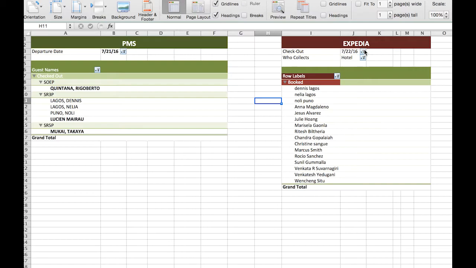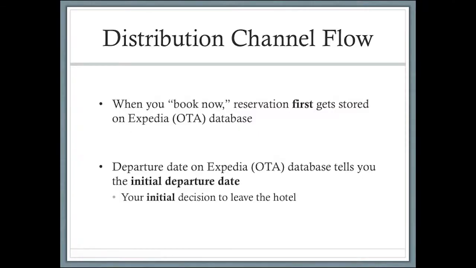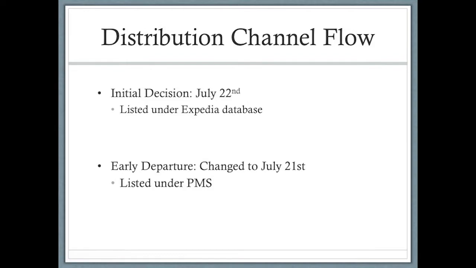So remember, the reservation first gets stored in the OTA's database, Expedia's database. So on Expedia, this guest initially decided to check out on the 22nd. But since on the PMS, it's now on July 21st, 1 day earlier than July 22nd, it means that the guests, they all checked out early. They probably got stuck in our elevator.